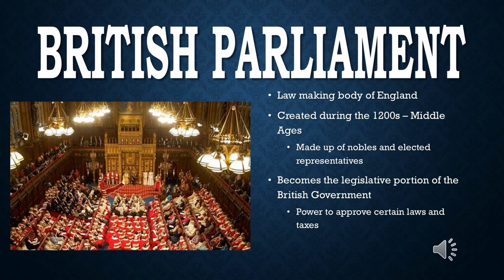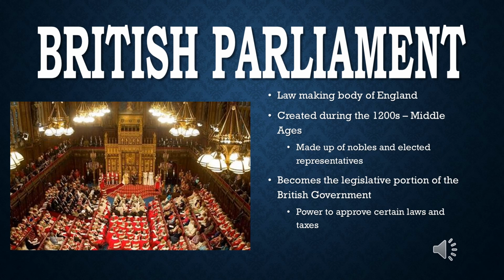So eventually we end up with, in England, they have the British Parliament. So this is the law-making body of England. So in the 1200s, they developed the Parliament, which will end up being bicameral. So they'll have two houses, kind of like our Congress now that has two houses in the legislative branch. So we have the Senate and the House of Representatives.